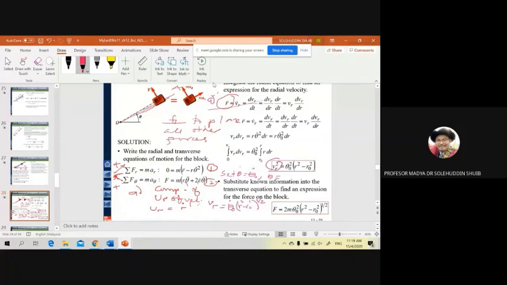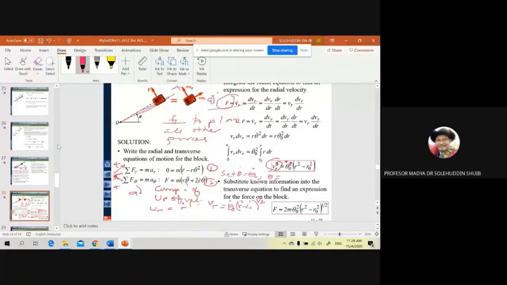This is V_r. This is a correction from your friend. Thank you. Basically, this is V_r, and V_r square equals theta dot square times r square. This is theta dot, not this one. Sorry, this is correct.